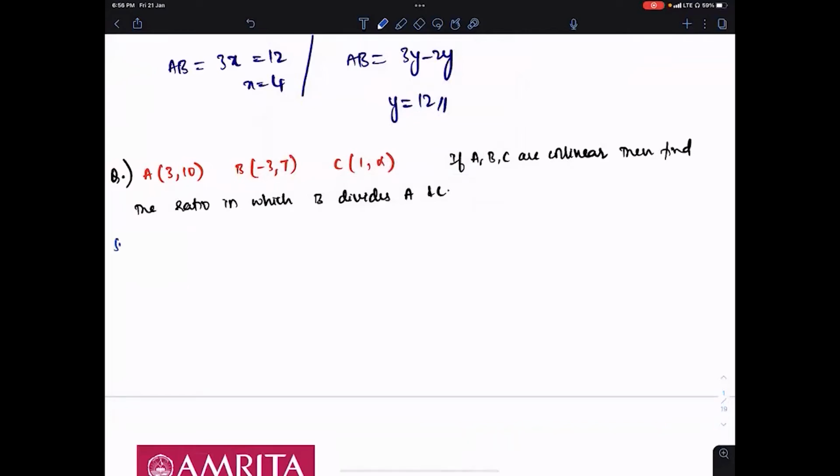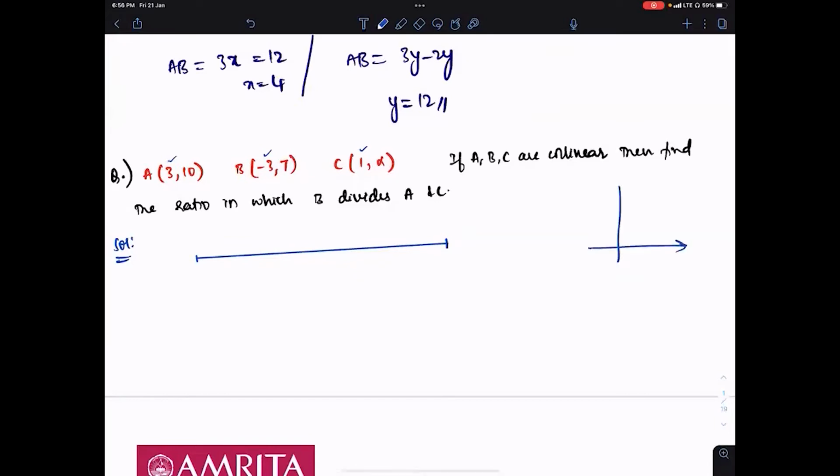One thing is you can use the section formula. That's okay. But always do it like this. The known value in all the 3 points is the x coordinate. Now on this line, mark these 3 points in the order of increasing x.